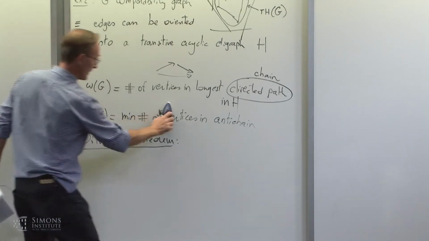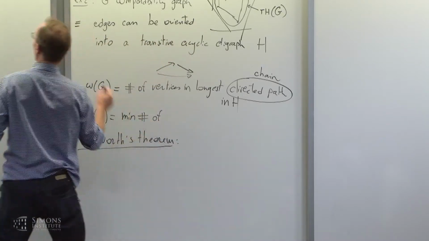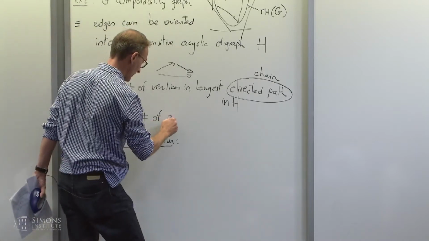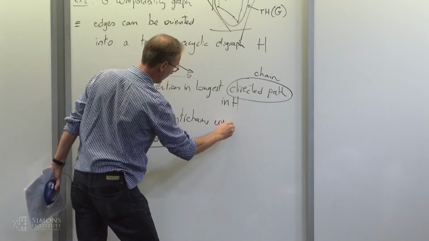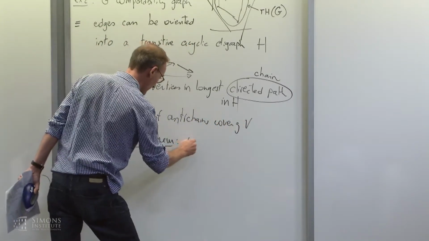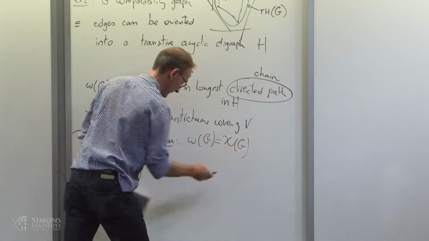Minimum number of anti-chains covering. So Dilworth's theorem is that omega of G is equal to chi of G.